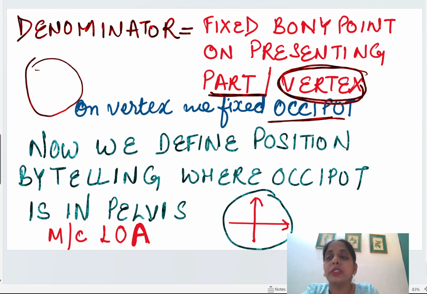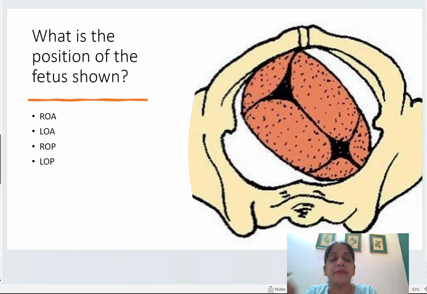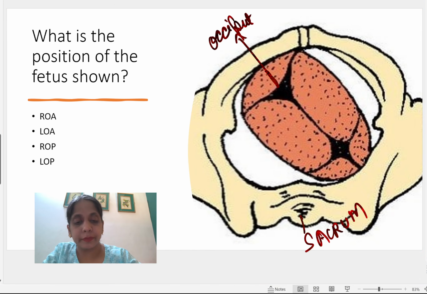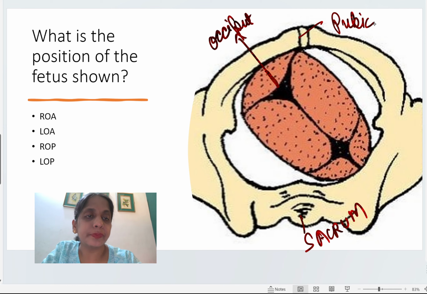Now the question was this: what is the position of the fetus shown? This is the occiput. We have to tell where the occiput is. This lower one is the sacrum, and this is the pubic symphysis.